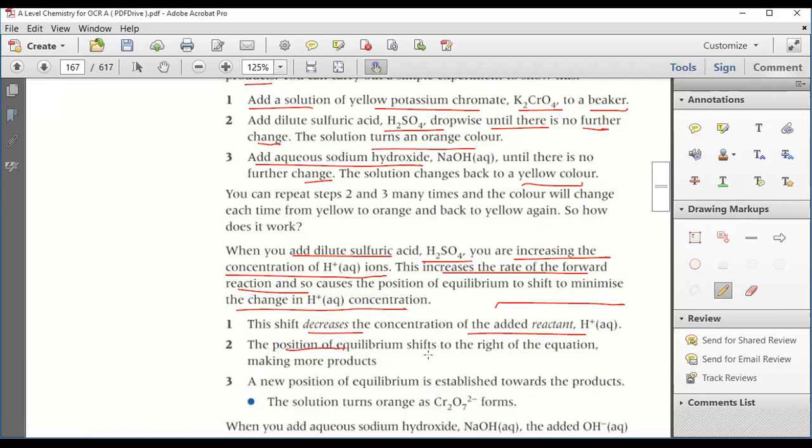The position of equilibrium shifts towards the right of the equation, making more product. The color change gives you the idea that it is shifting towards the right. A new position of equilibrium is established toward the product, and as soon as the dichromate Cr2O7 2- forms, the solution turns orange.